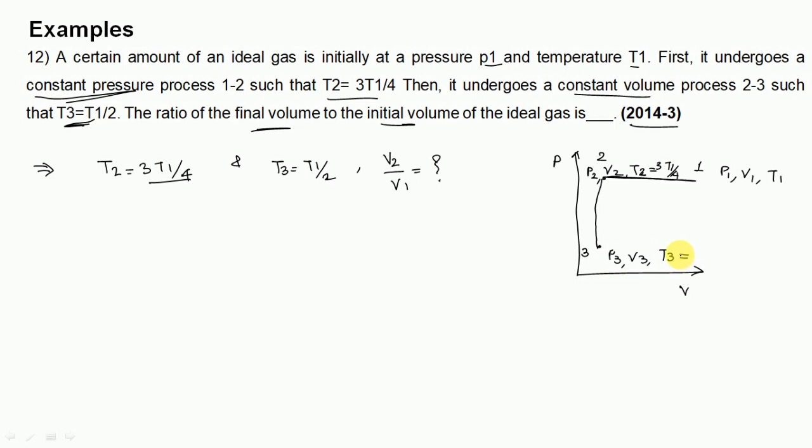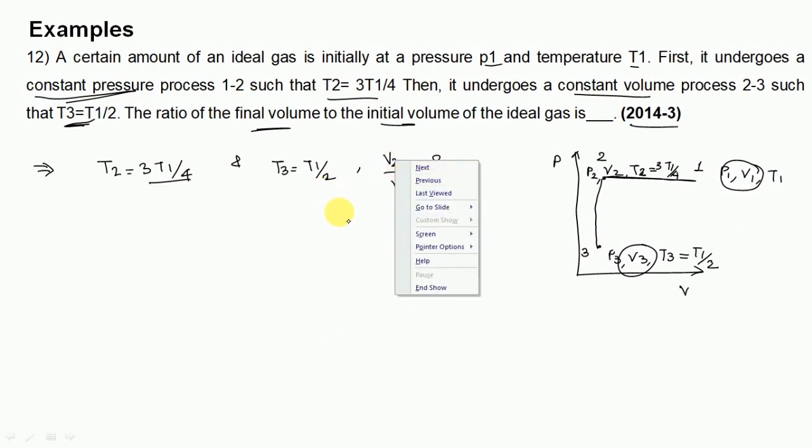The relation is given between T3 and T1, and this T3 is equal to T1 by 4. So these things are given in this example. Now you need to find the ratio between the initial and final volume. The initial volume is V1 and final volume is V3. So you need to find the ratio V3 by V1, not V2 by V1.